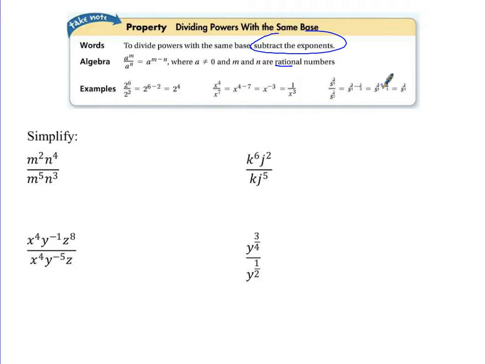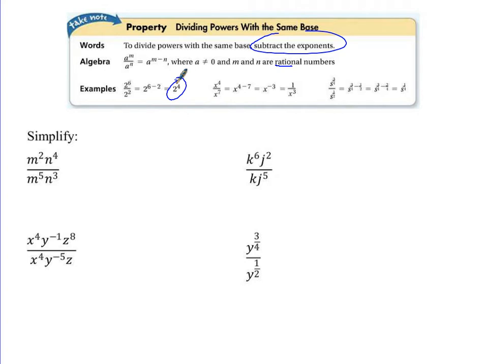Good. So for example, we have 2 to the 6th power divided by 2 to the 2nd power. We subtract those exponents. 6 minus 2 is 4, so we wind up with 2 to the 4th power, which we know is what? 16.